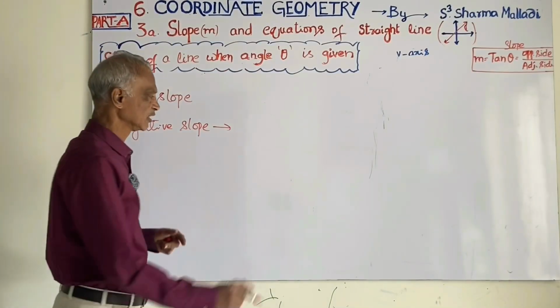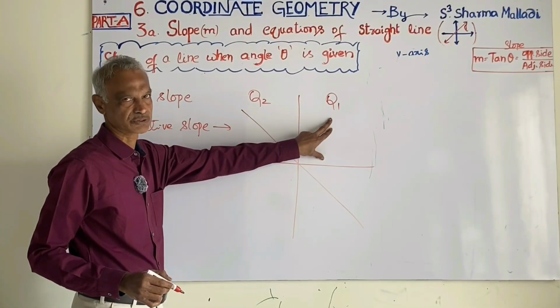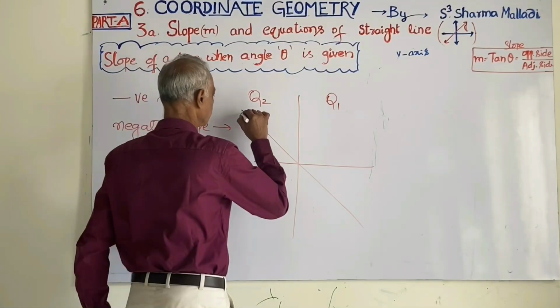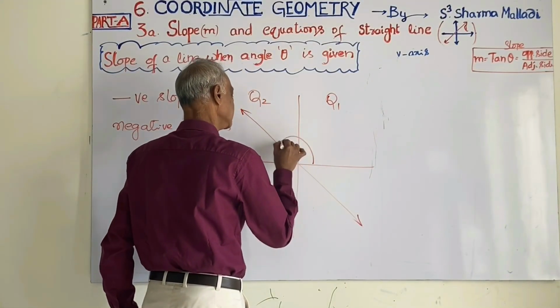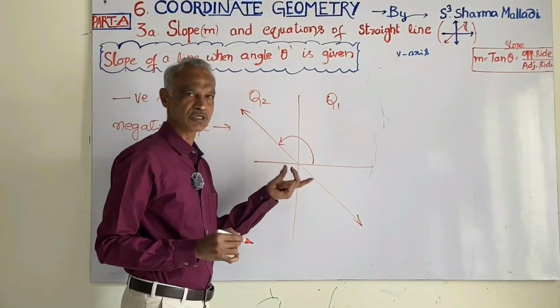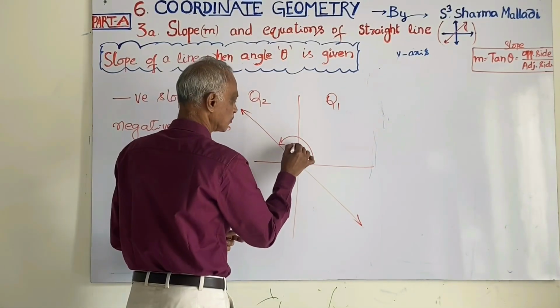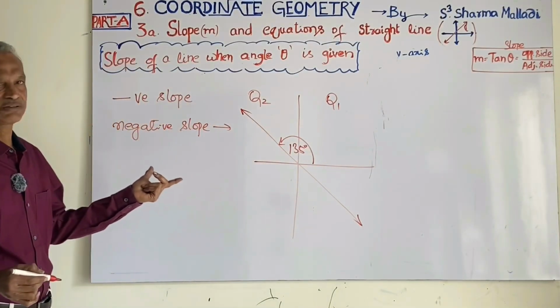Now, negative slope. When the line is in the first quadrant, you will get a positive slope. When the line is in the second quadrant, you will get a negative slope. Suppose the angle made by this line with the positive direction of the x-axis in the anti-clockwise direction is 135 degrees. What is the slope of this line?